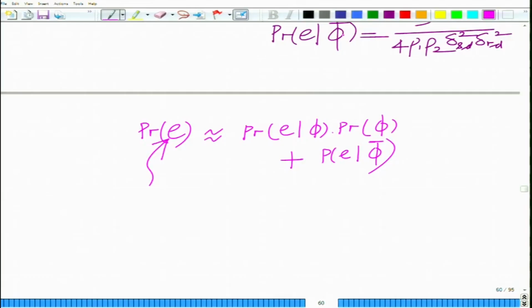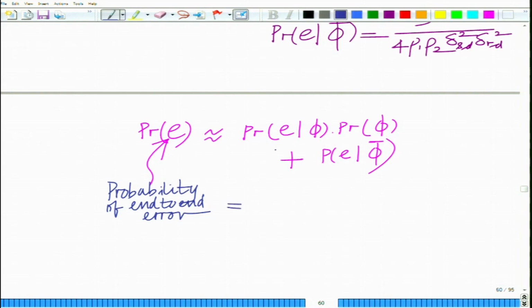So, this is the probability of end to end error, and now we substitute each of these quantities.